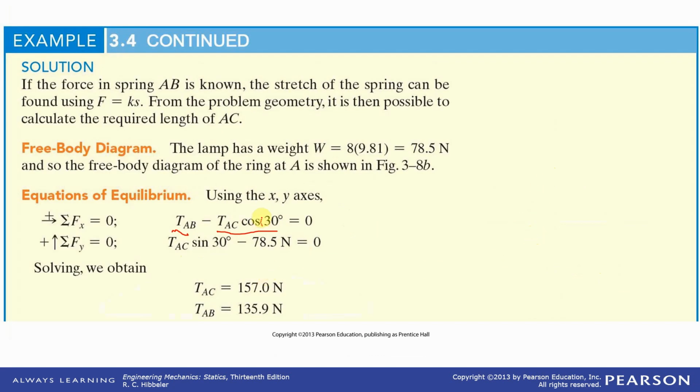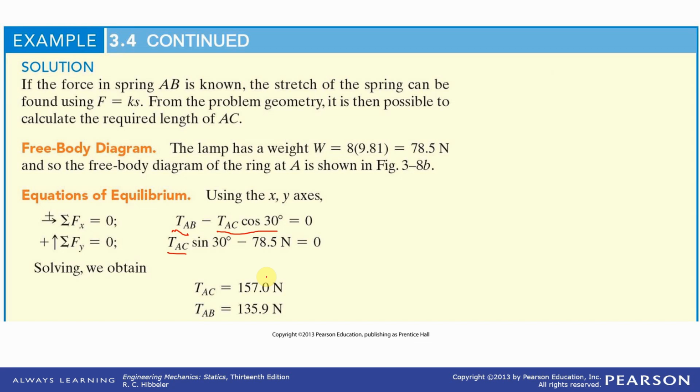And when you crunch the numbers, you get T_AB and T_AC: two equations and two unknowns. You can solve for T_AC, and then once you've got that, you can substitute it in here and get T_AB. So this is an easy calculator problem.